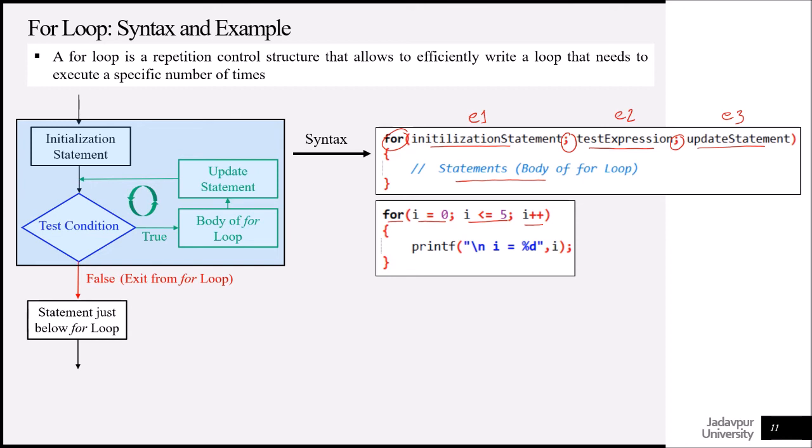As you can see, once the update statement is executed, it goes back to the test condition, not the initialization statement. So this is the loop. So what would be the output of this particular loop? This loop also runs 6 times because it is equivalent to the while loop that was discussed before, and it gives an identical output also.